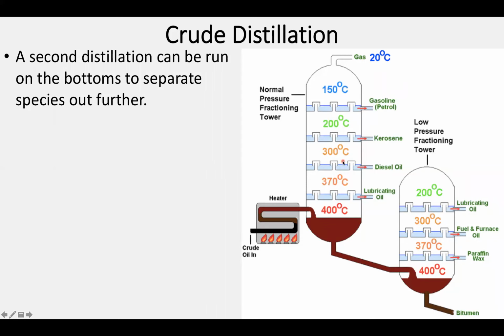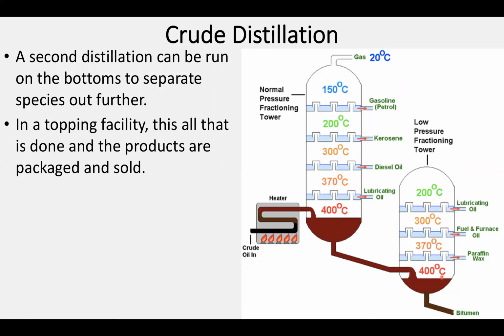So the idea here is that in our first column, we're operating under 1 atm of pressure. In the lower column, we apply a vacuum pressure, which tends to make the lighter components a little bit more likely to vaporize. And you can use this to help improve separation. And at the very bottom, you're pretty much just pulling out asphalt. So have fun surfacing your road with the byproduct.